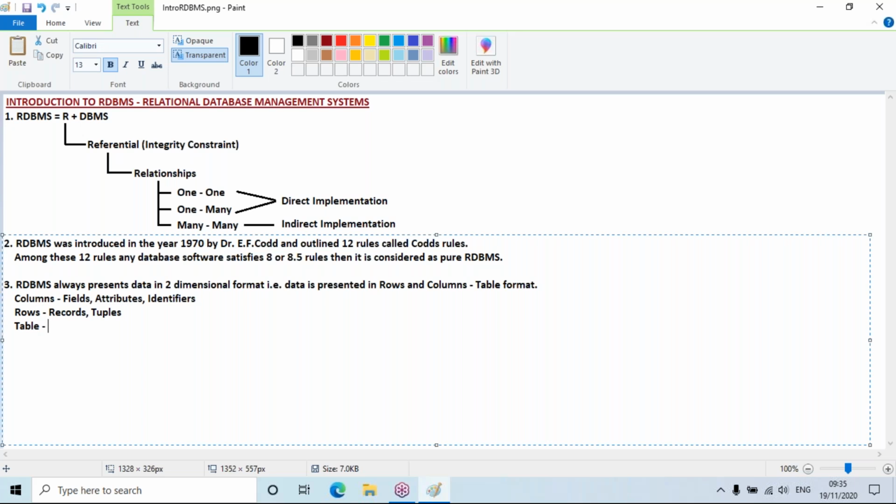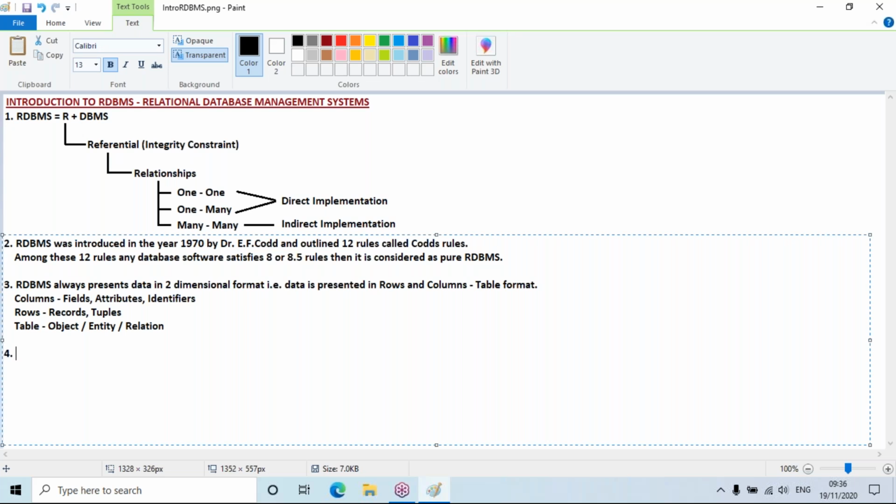Then a table is called an object or entity or relation. Right? This is the presentation of data in RDBMS, always in two-dimensional format.